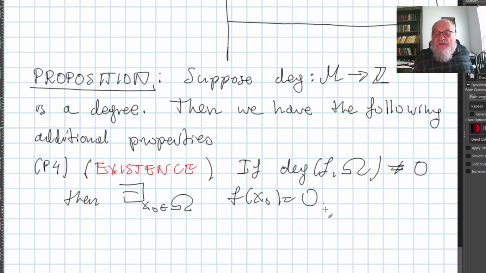That means there exists a solution to the equation f of x equal to 0 in omega. So maybe, let's go to the next page.